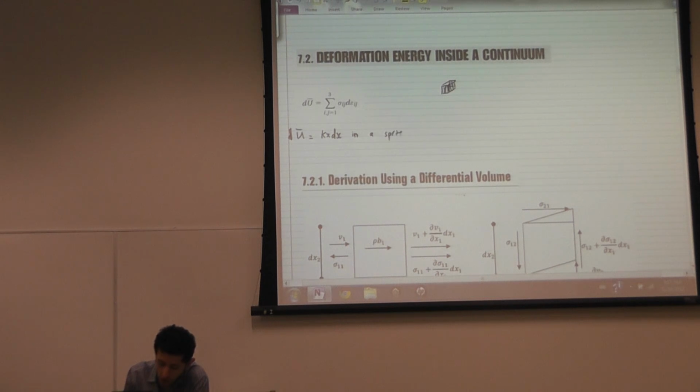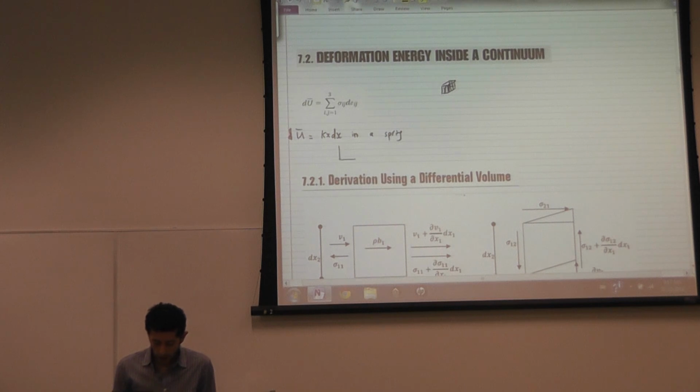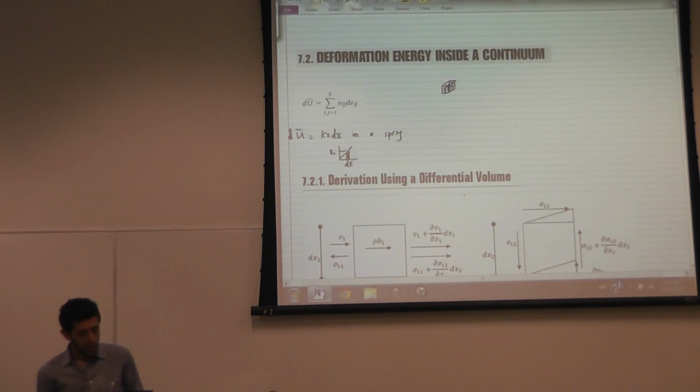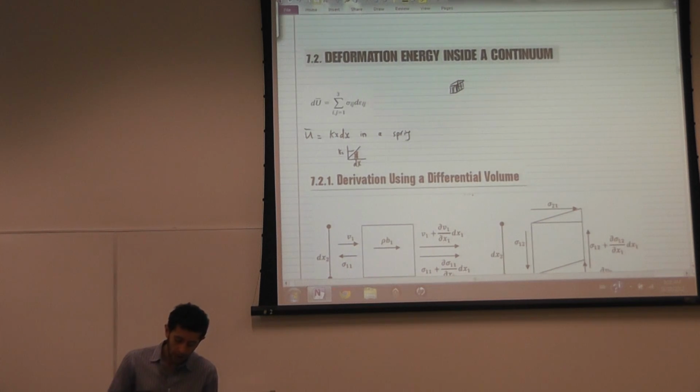So the rate of change of energy in a spring is equal to kx dx, because this is kx and this is dx. So the rate of change of potential energy in a spring is equal to kx dx.